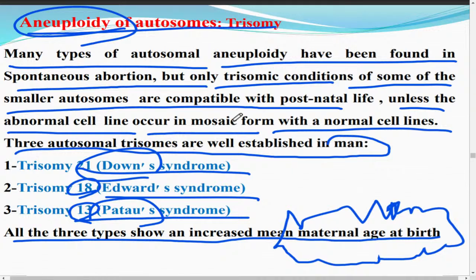Let's read this again, maybe you'll understand this time. Many types of autosomal aneuploids have been found in spontaneous abortion, but only the trisomic condition of some of the smaller autosomes is compatible with postnatal life unless the abnormal cell line occurs in mosaic form with normal cell lines. Three autosomes, trisomy. I cannot go back and see what the autosomes are because it's very far away.